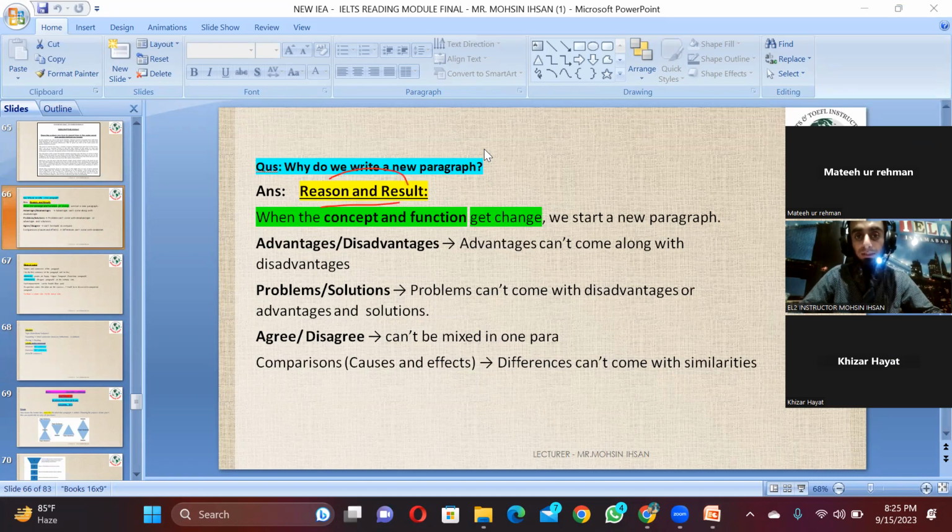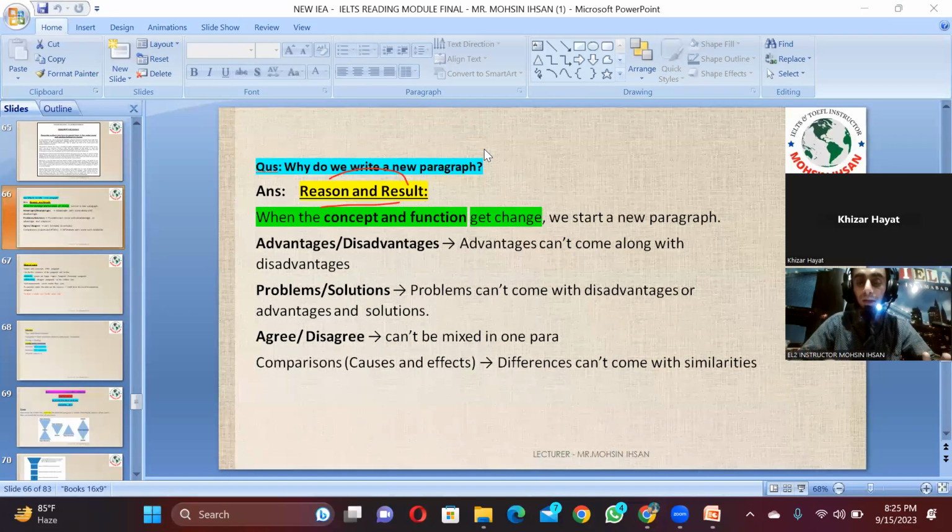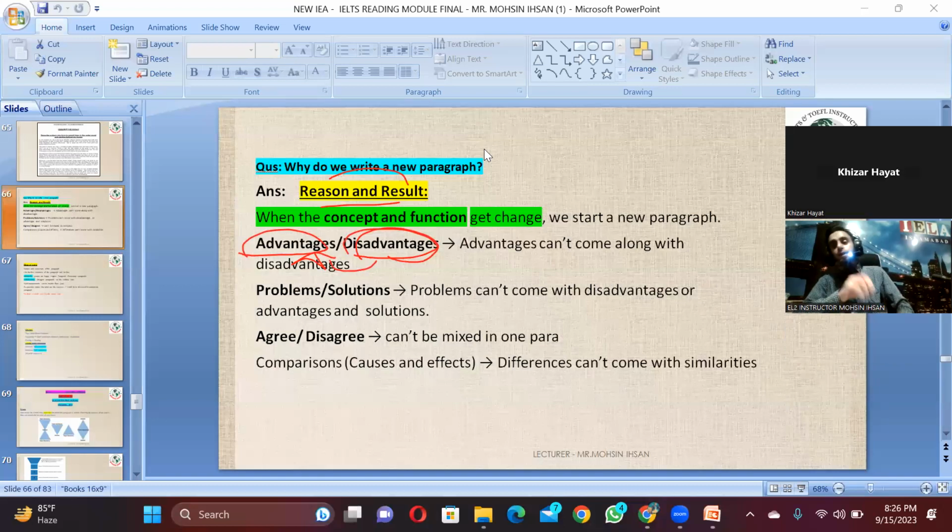Second is that in a single paragraph, there would be only a single idea. Like if the paragraph is talking about advantages, it cannot share disadvantages. And if it is talking about disadvantages, it cannot talk about advantages. One paragraph would discuss only one single idea, and it would not discuss two different ideas, right? Now, that single idea can be stated in the paragraph at the beginning, at the end, or in the middle.